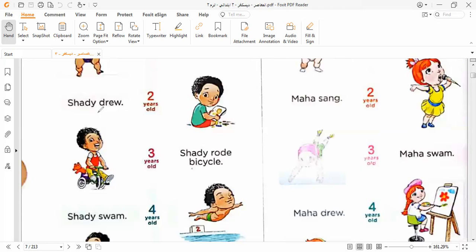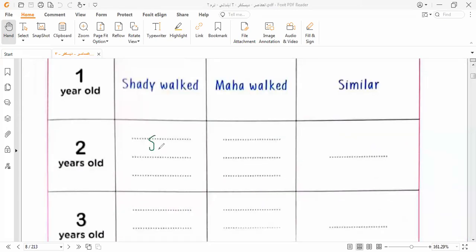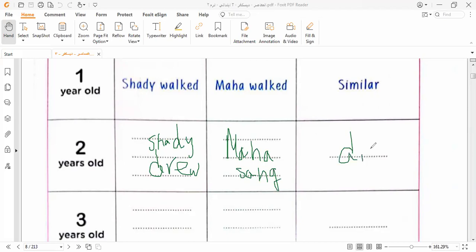Is this different or similar? No, it's different, not similar.